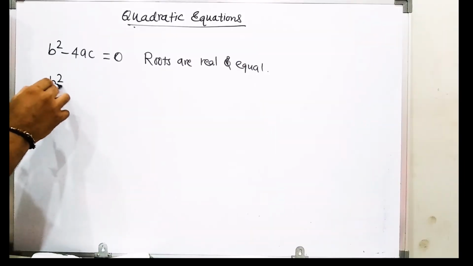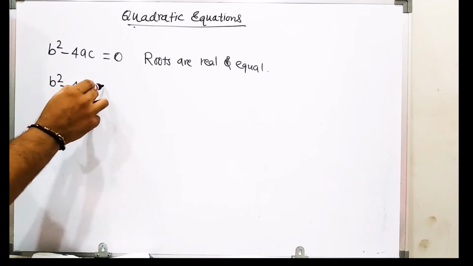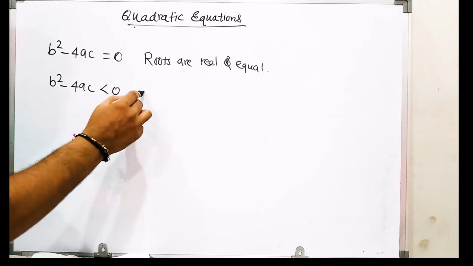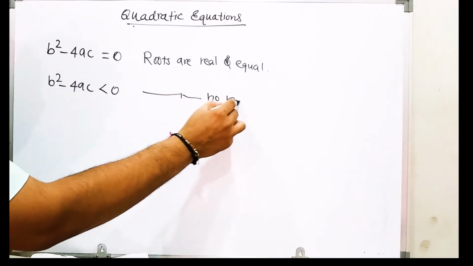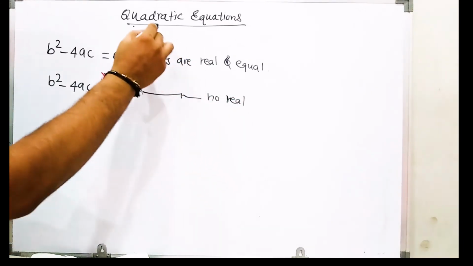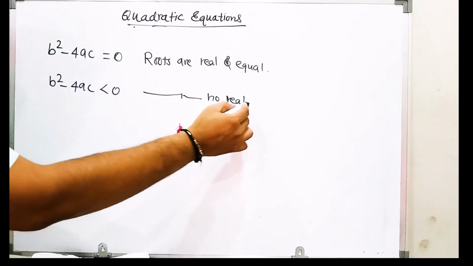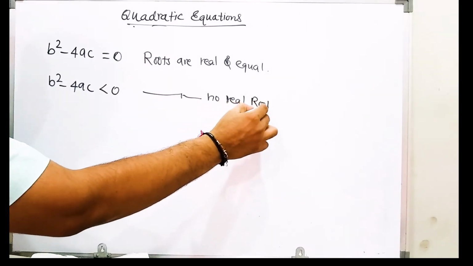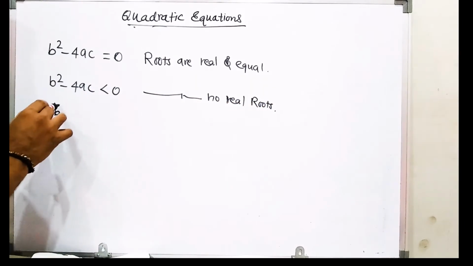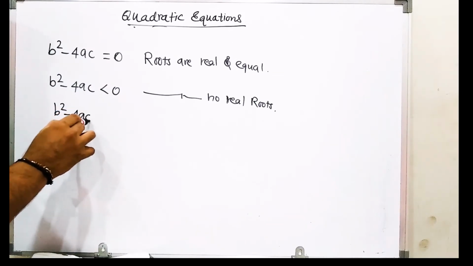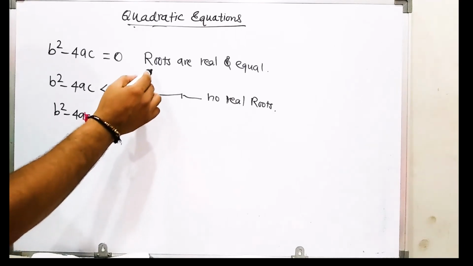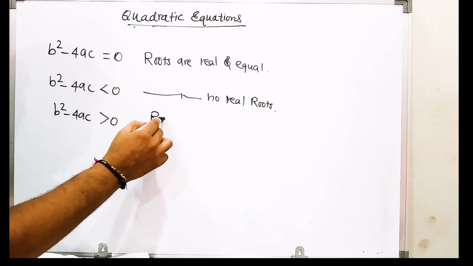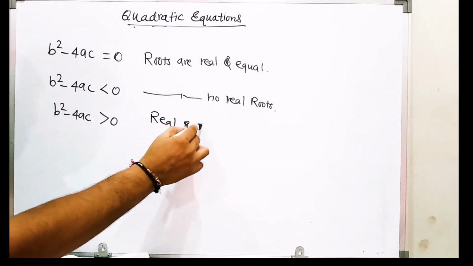If the value of b square minus 4ac is less than 0, then the roots are not real, or the given quadratic equation does not have real roots. And if b square minus 4ac, this discriminant, is greater than 0, then the roots are real and distinct.